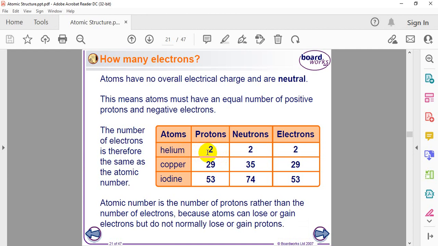Helium has 2 protons, so helium will obviously have 2 electrons. Copper has 29 protons, so it will have what? 29 electrons. So the number of protons corresponds to the number of electrons, but the only difference will be the neutron number.